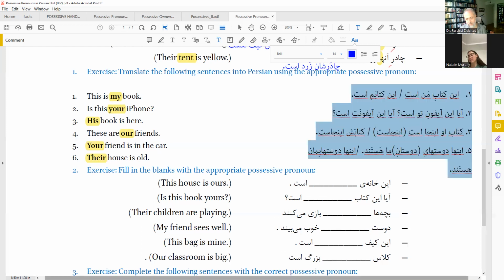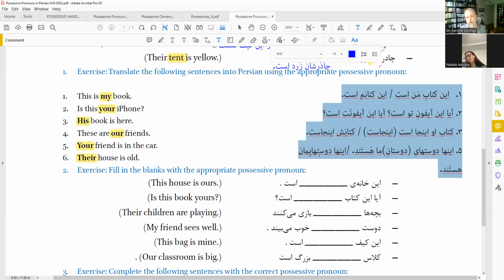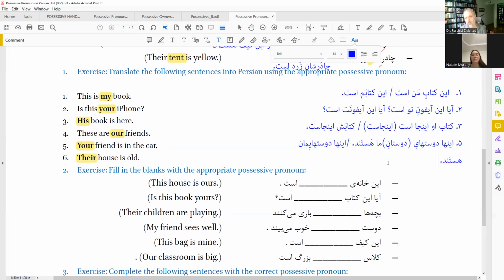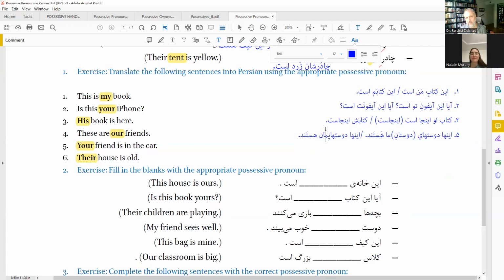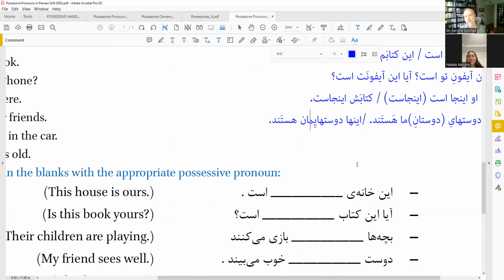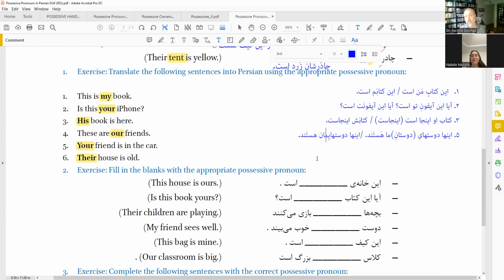So just put them a little bit near each other. اینها دوستهای ما or دوستهایمان هستند. Perfect. A little bit smaller so that we match here. Okay. Perfect. And the last phrase here, naturally.